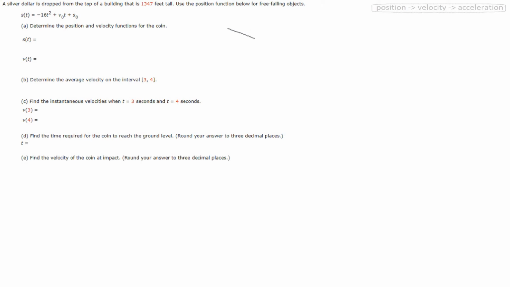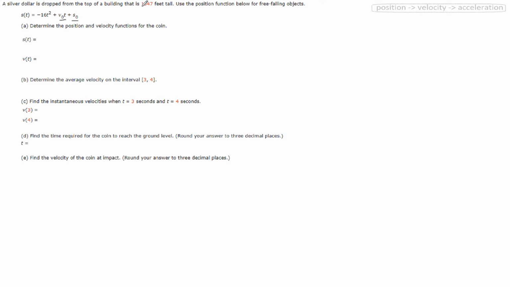So first thing we have to do is analyze this little function right here, which is the position function. This part right here is the initial velocity, and this part right here is the initial height, or initial position.